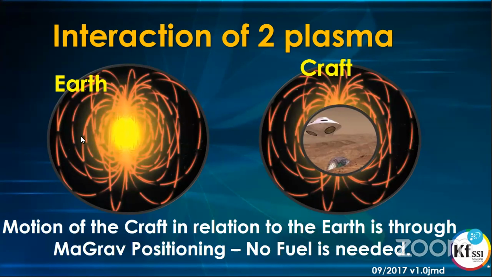And when we come back to Earth, when we start creating the craft, which will have its own magnetic gravitational fields in relation to the Earth, it's also going to be able to do travel and movement through mag-rev positioning, where no fuel is needed.